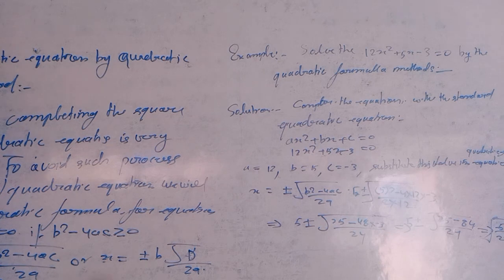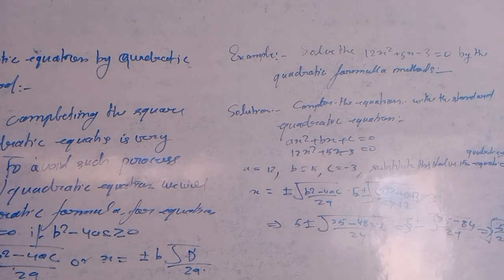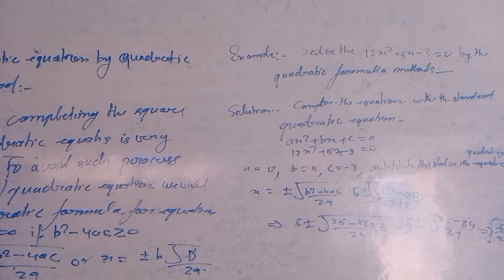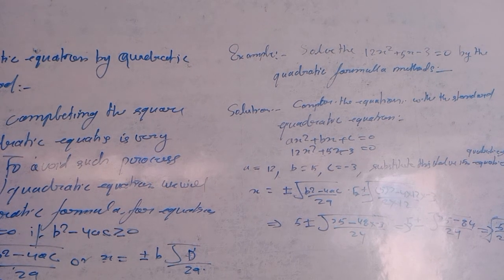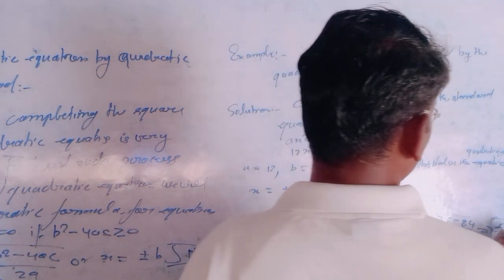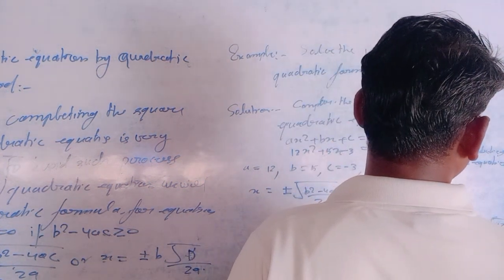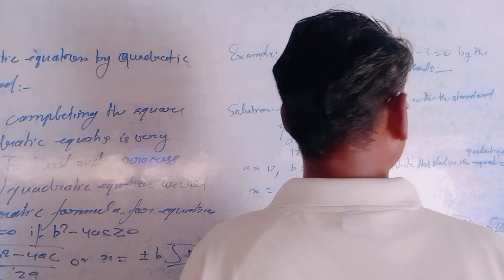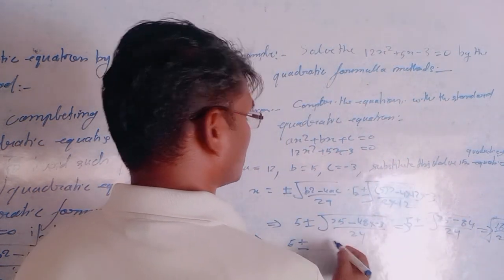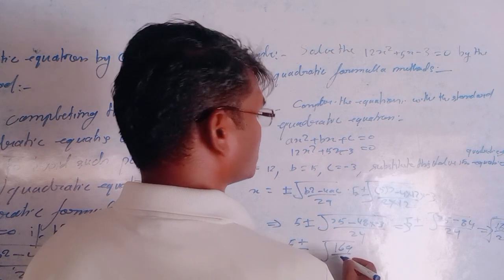So we get minus 5 plus minus under root 169 by 24.